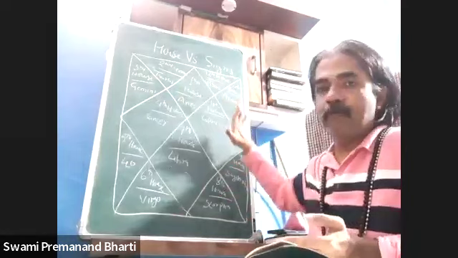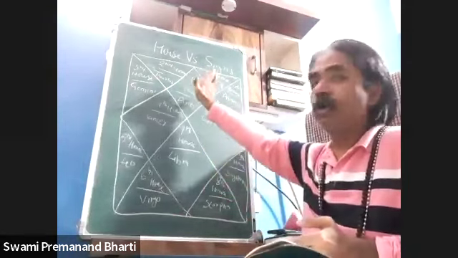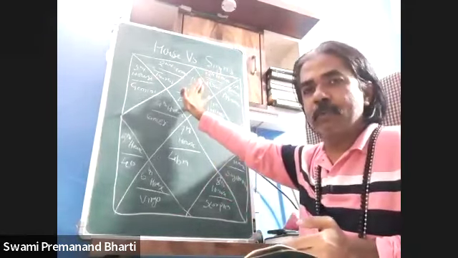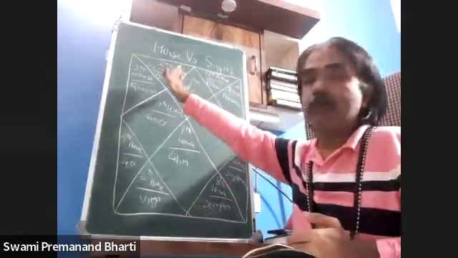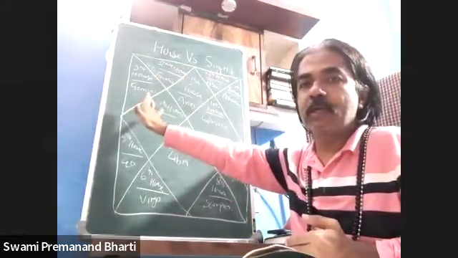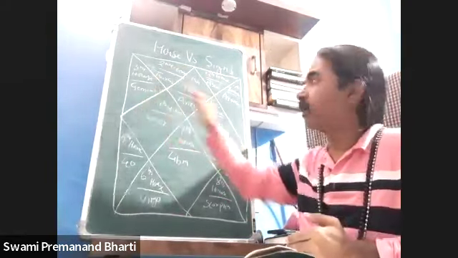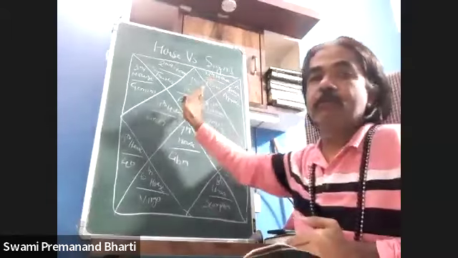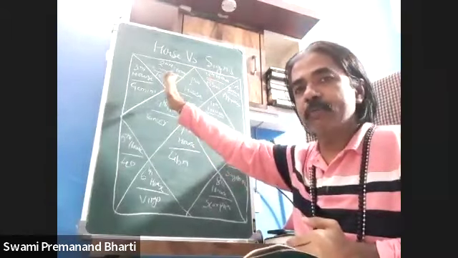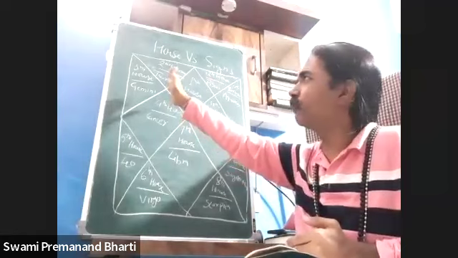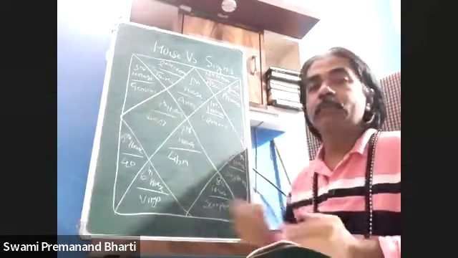Signs will fall into different places. For a Taurus ascendant, the first house will have Taurus energy, the second house Gemini energy, and the third house Cancer energy. But for an Aries ascendant, the first house will have Aries energy, the second house Taurus energy, and the third house Gemini energy.